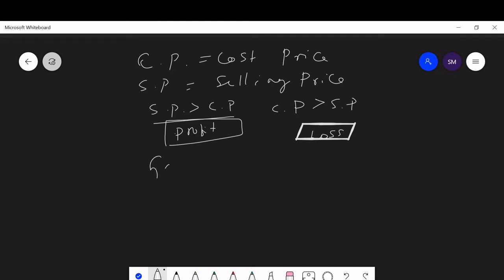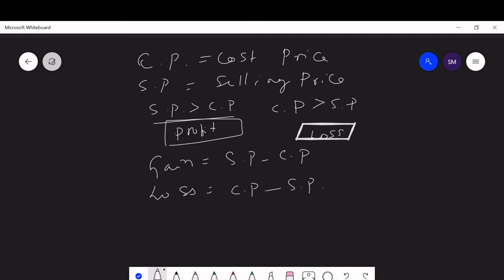The gain amount is equal to selling price minus cost price. The loss amount is equal to cost price minus selling price, because when cost price is greater than the selling price, we get loss.